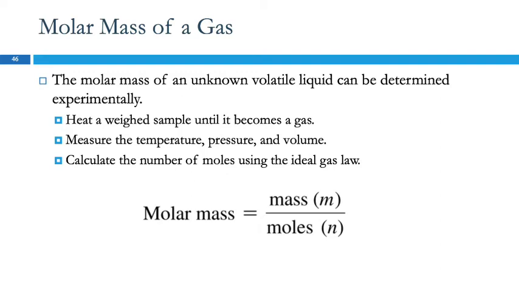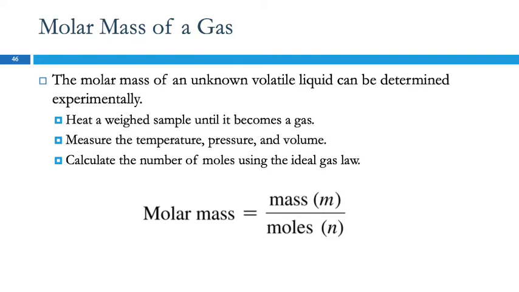When it's in the gas state, we can measure the temperature of the gas, the pressure of the gas, and its volume. And then we can figure out how many moles there are using the ideal gas law. So molar mass is the mass divided by the moles. So from weighing the sample, we get the mass, and using the ideal gas law, we calculate the moles.